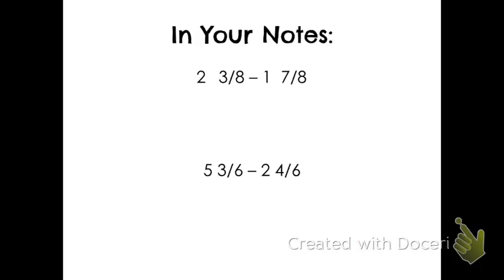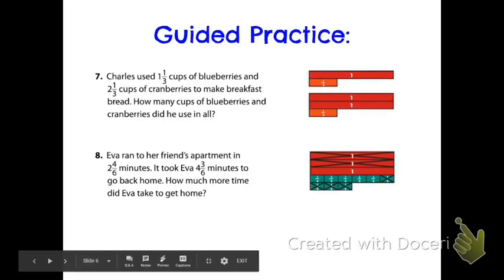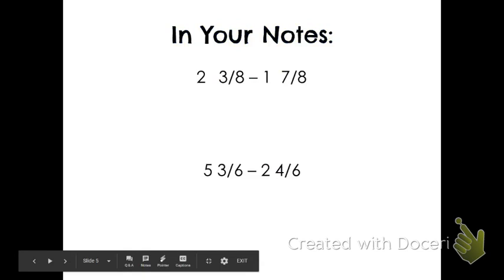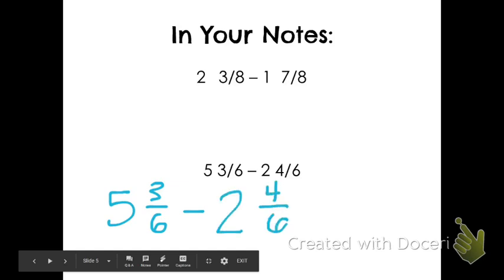Let's try this second one. It's 5 3/6 minus 2 4/6. Well, yet again, this is smaller than this, so I have to borrow from that 5, making it a 4. Again, I always add whatever my denominator is, and that can change for every single problem.